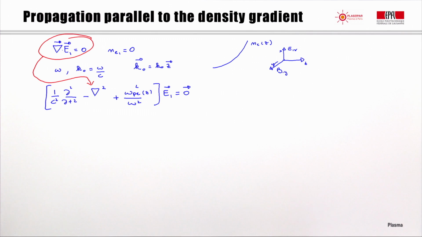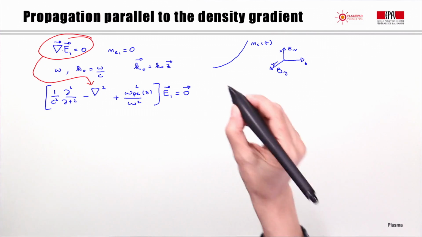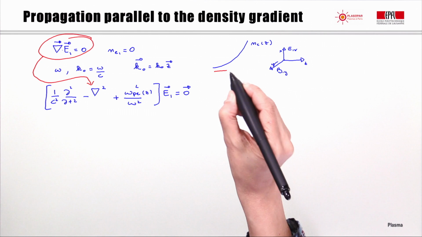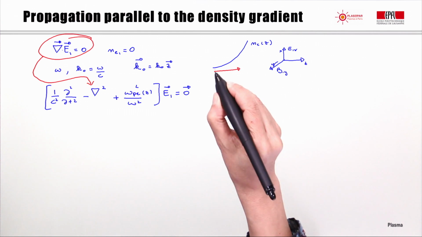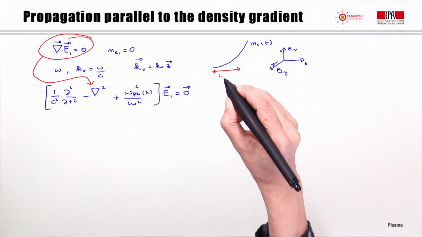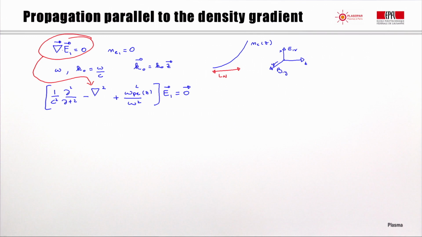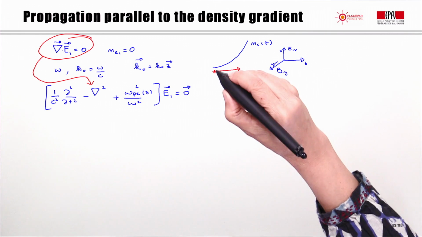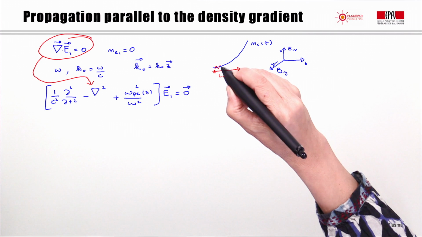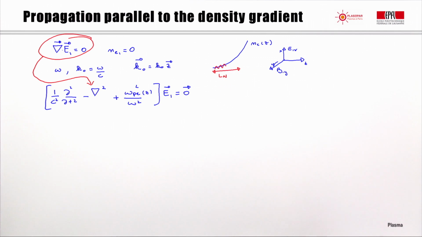For a given density gradient, we can associate a typical length of variation of the density, that is, the length over which the density changes significantly. We can compare this length to the wavelength of the wave propagating inside the plasma, and in many situations, the wavelength will be very small with respect to this length, as I'm showing here.